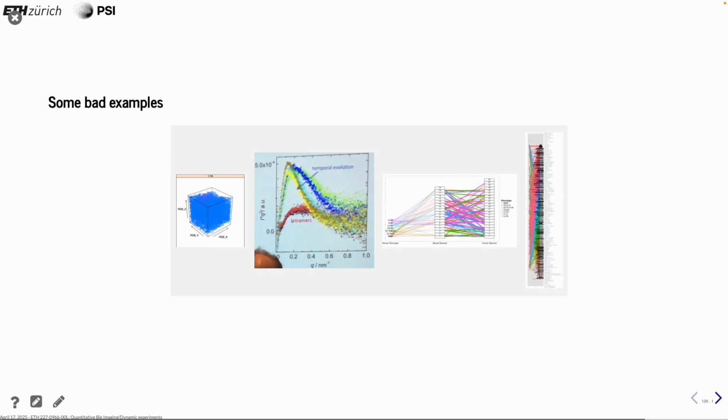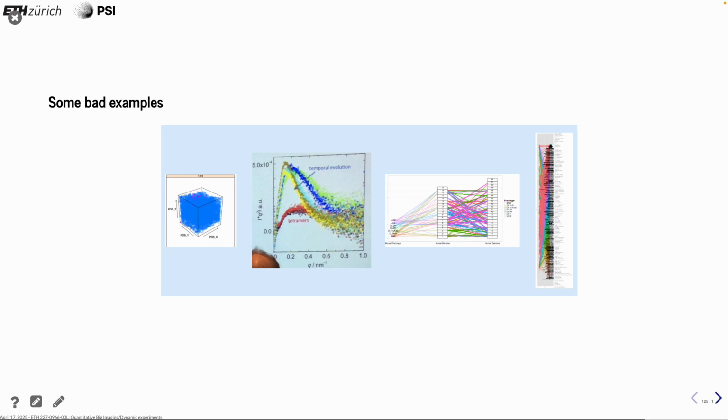So here are some bad examples. For example, this one, you're supposed to see that there are some dots within this point cloud, but you don't, because they didn't play with the transparency in the right way, so they are not able to highlight the right information. This one, yeah, you may see that there are some separated trends in this area and this area, but this, no clue.